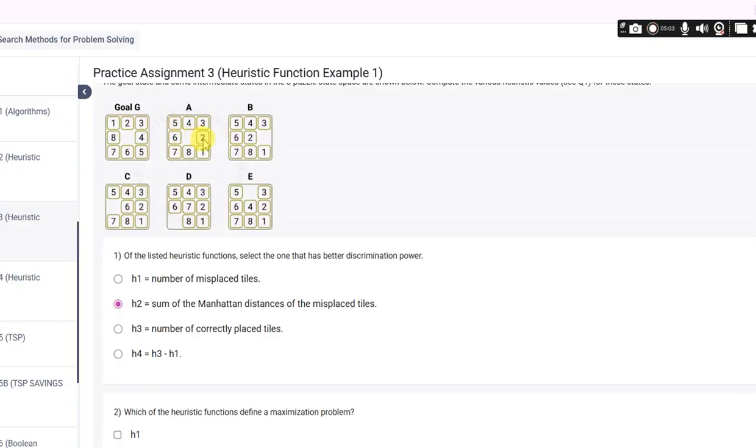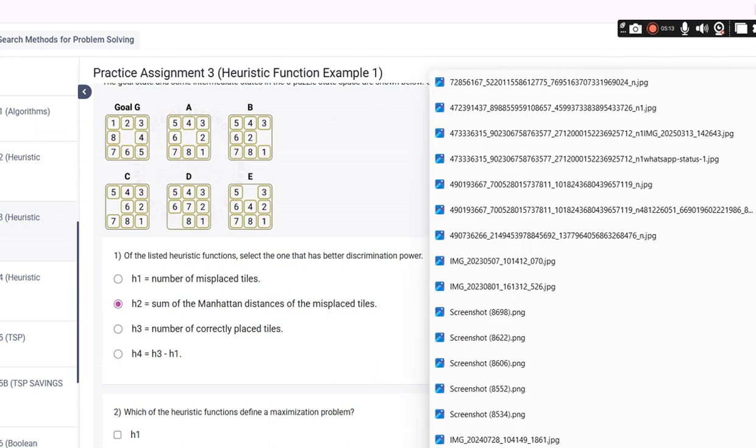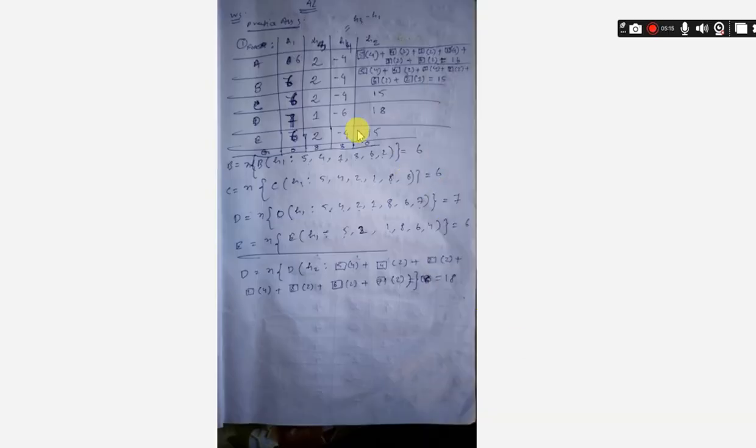So 1 2 3 4 5 6. So the number of misplaced tiles is 6 for A. Then for B it will be again 6, C it will be 6, D it will be 7, and E it will be 6.